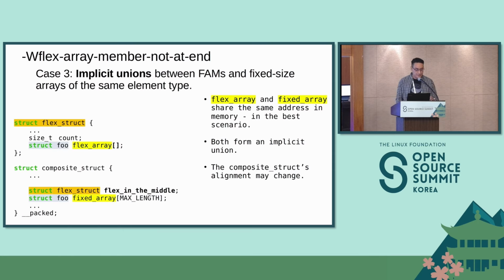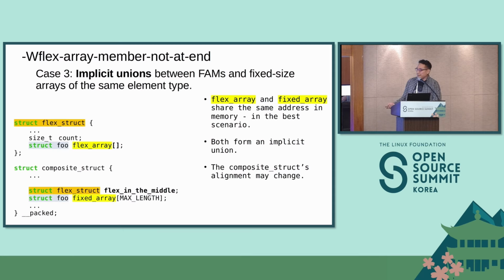However, this is probably not going to be the case all the time, because if people modify the flexible structure or the composite structure, the alignment of the structures is going to change. It might well be the case that there is going to be some padding between the instance of the flexible structure and the fixed size array. And if they modify the flexible structure, they might create some trailing padding at the end of it.